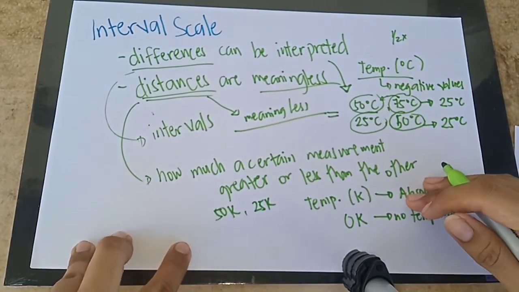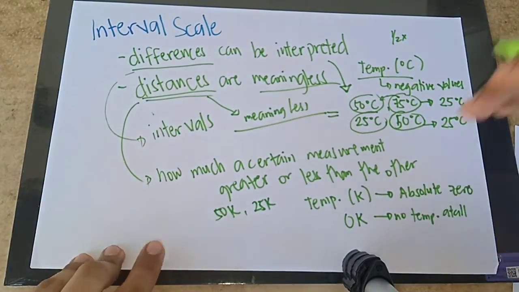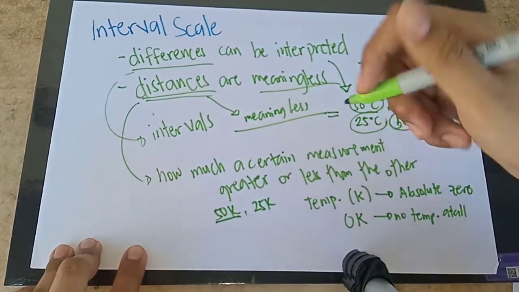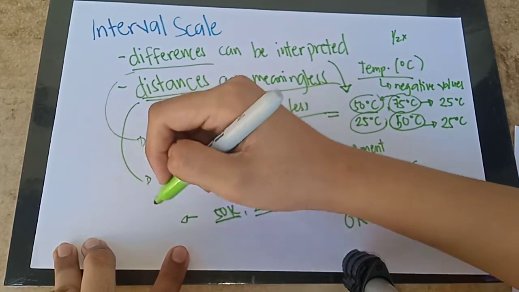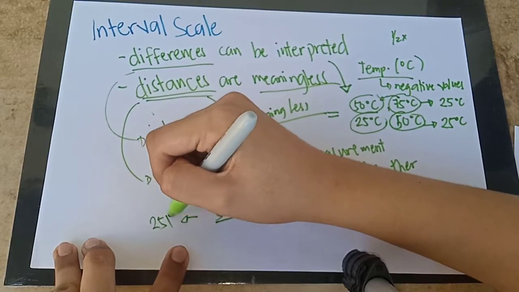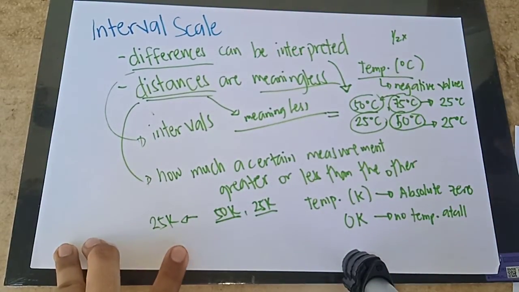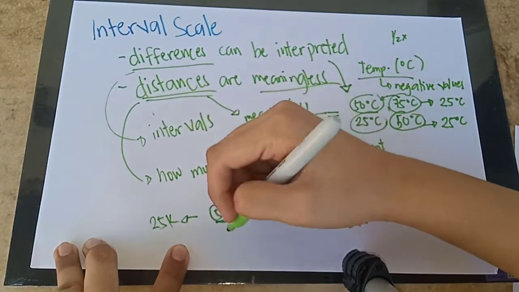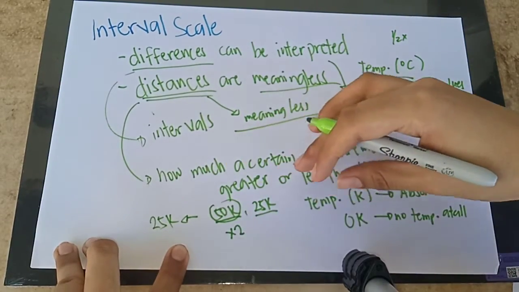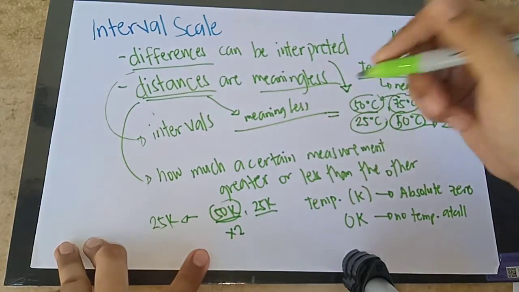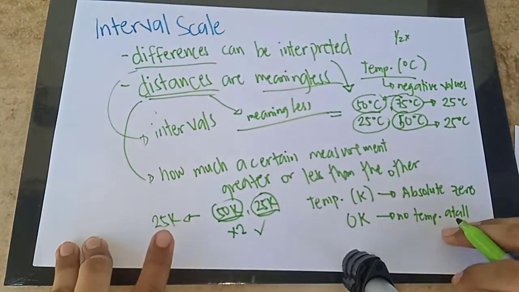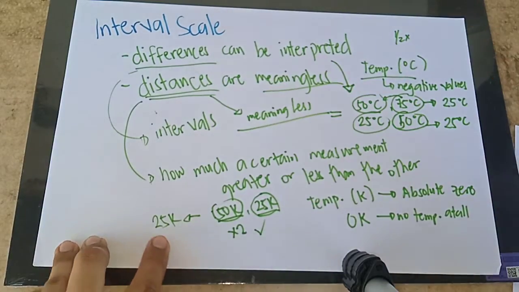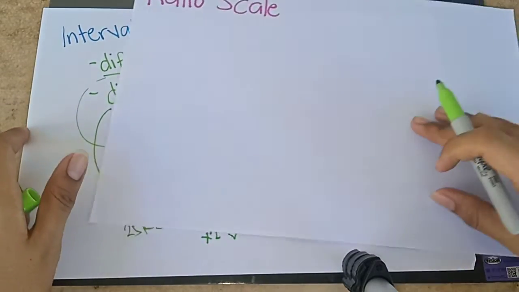In this case, we can interpret the differences. We can say that 50 Kelvin is farther than 25 Kelvin because the difference gives a result of 25 Kelvin as well. Now, can we say that 50 Kelvin is twice as hot as 25 Kelvin? Of course, we can interpret that. And this interpretation will fall under the ratio scale.